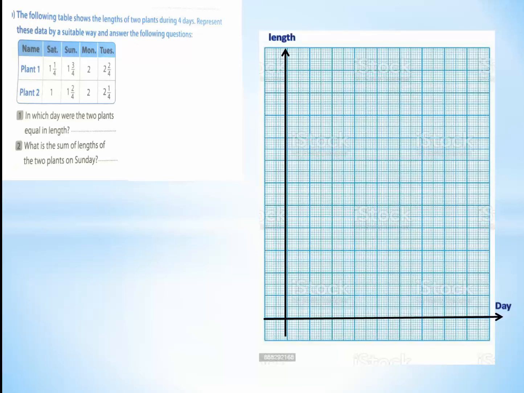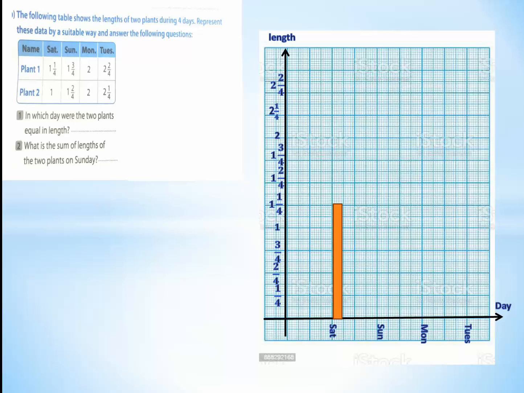Let's write here Saturday, Sunday, Monday, Tuesday. Here we have one quarter at the beginning, 2 quarters, 3 quarters, 4 quarters, we know that equals 1. Then 1.25, 1.5, 1.75, and 2, 2.25, 2.5, and so on.